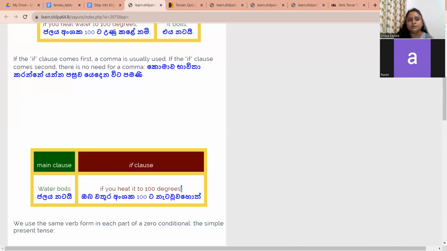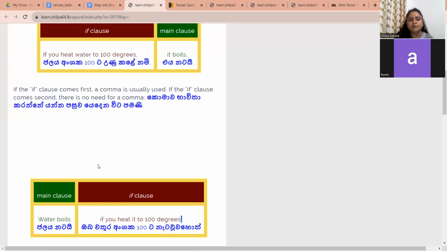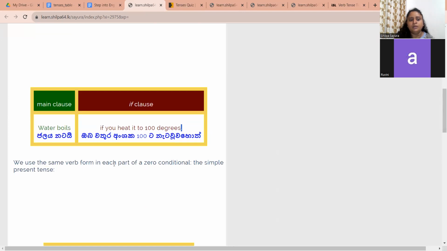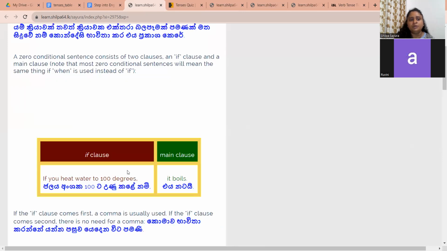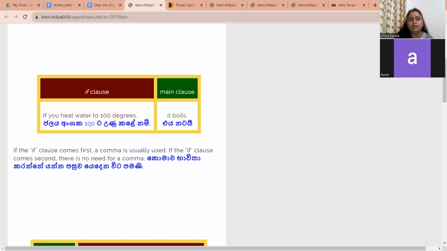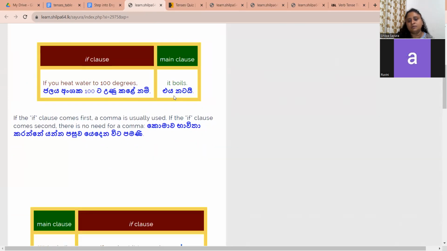So we use the same verb form in each part of a zero conditional, the simple present tense. So you note what you have to note in zero conditional sentences: always simple present tense is there with the if clause and also with the main clause.